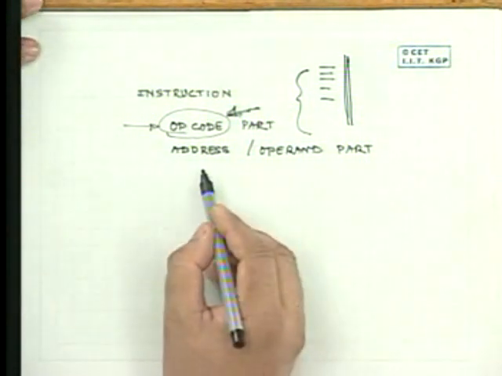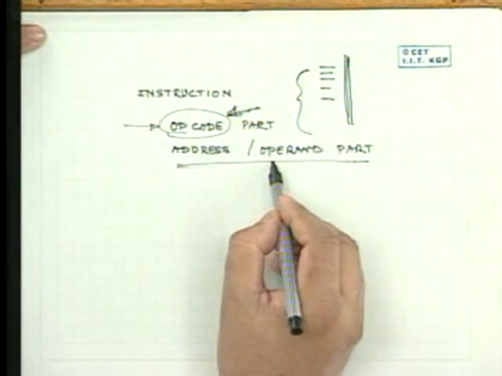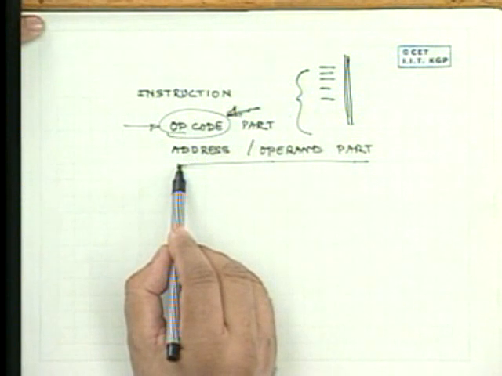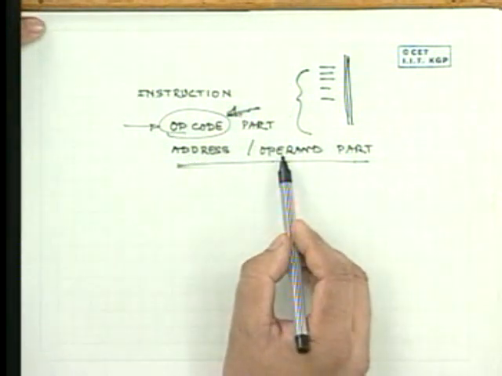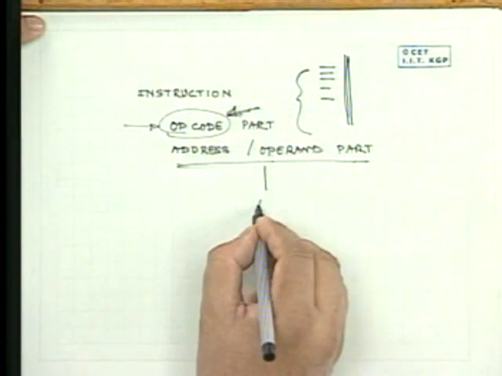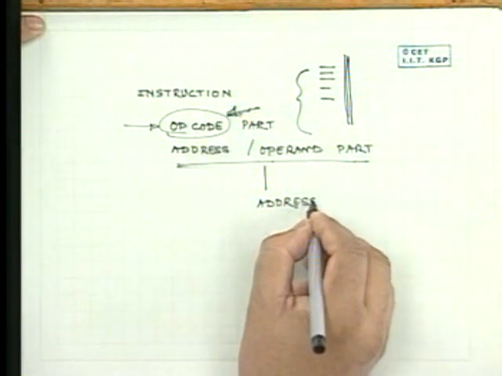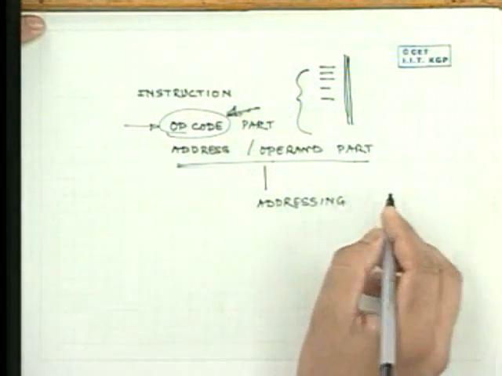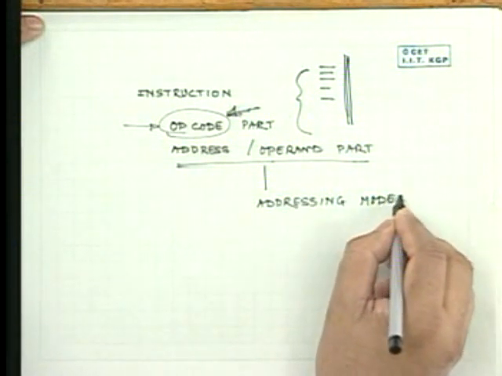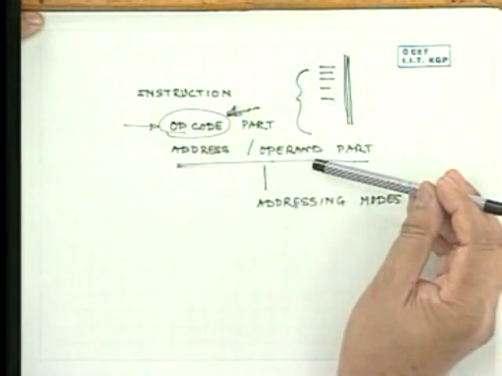Similarly, that address or the operand part, either it's a single address or a 2-address or 3-address, how you can specify a particular operand is called the addressing mode. Therefore, this gives us the addressing modes that specify how you are specifying the operand.